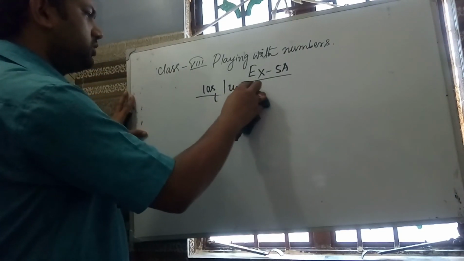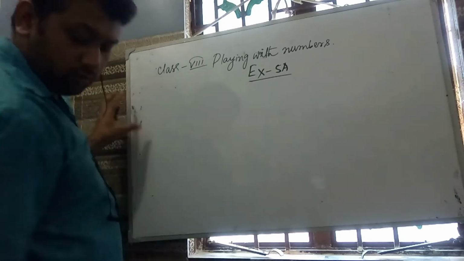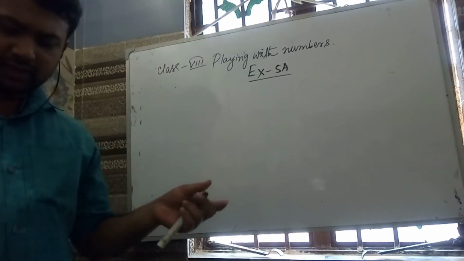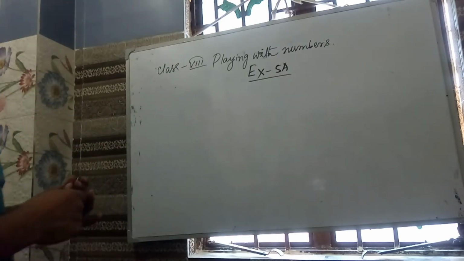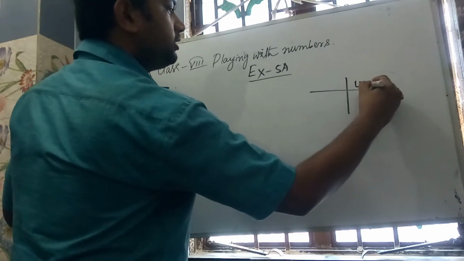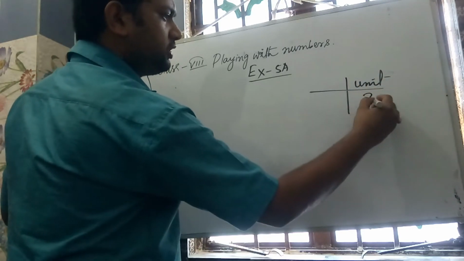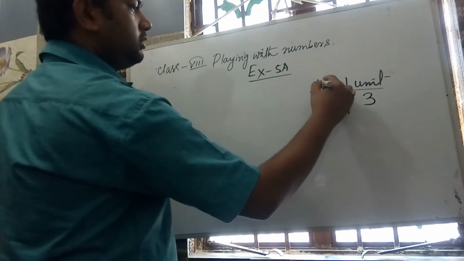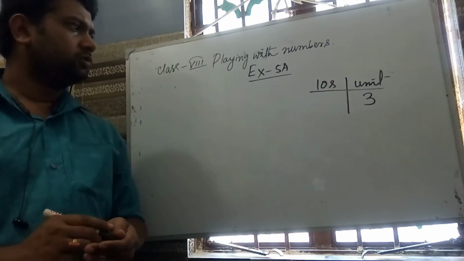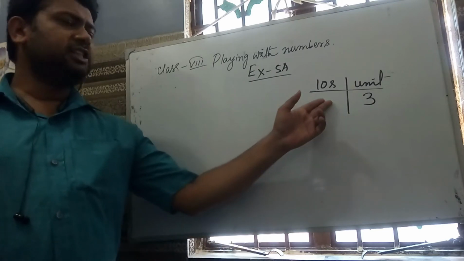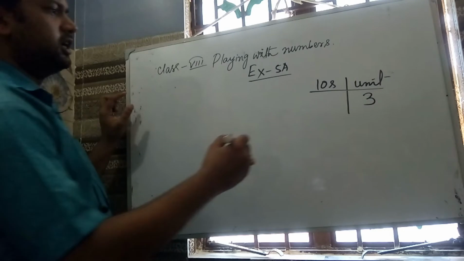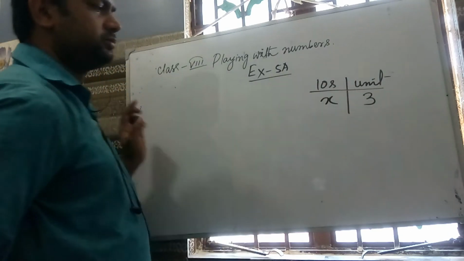Now read the question again. What is given? The unit digit of a two-digit number is 3. So the unit digit is 3. To be a two-digit number, we must have a tens place digit, which is not given here. So let us consider it to be x.